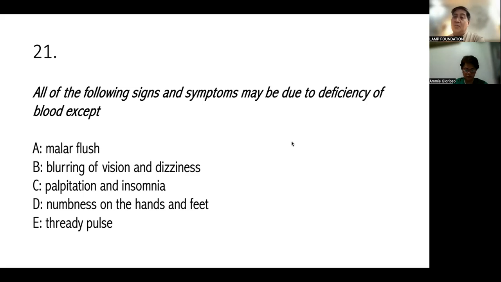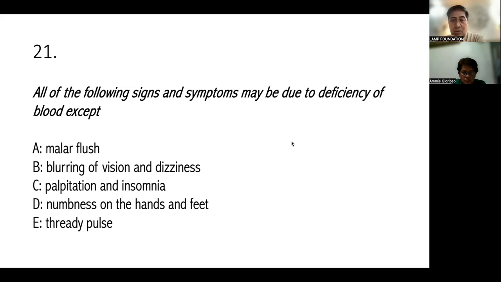Okay? Doc, may question po ako tungkol dyan. Yung thready po bang pulse, is it the cause or the effect ng blood deficiency? It's the effect of the blood deficiency. Because you've been listening to the lecture on pulse diagnosis, right?